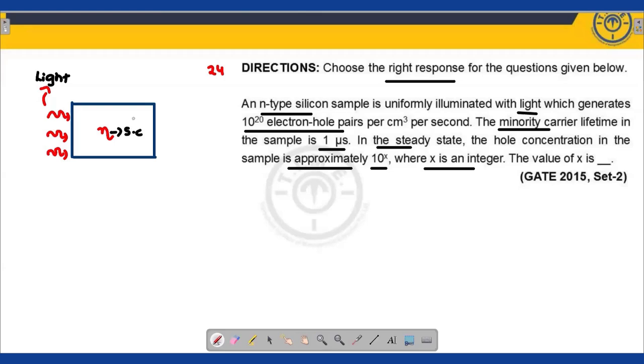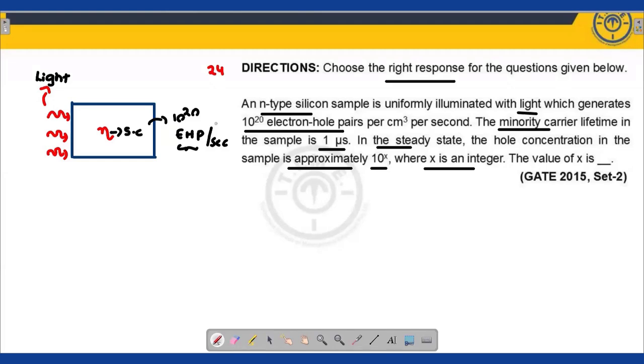Then what happens, my dear friends, is that it generates 10 power 20 electron-hole pairs per second. He has only given this particular thing.